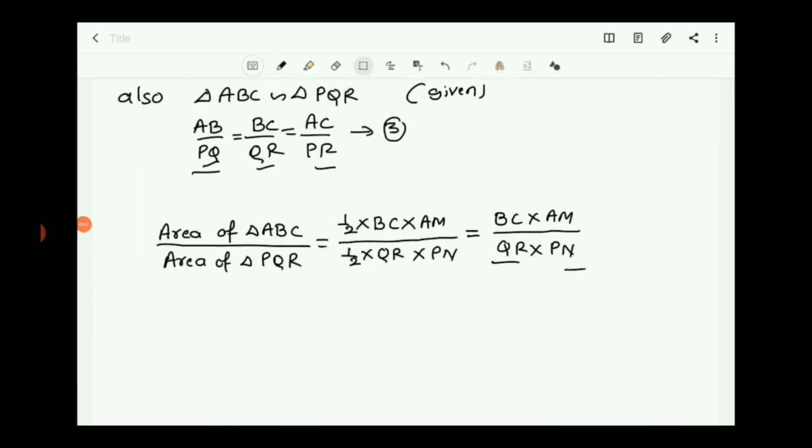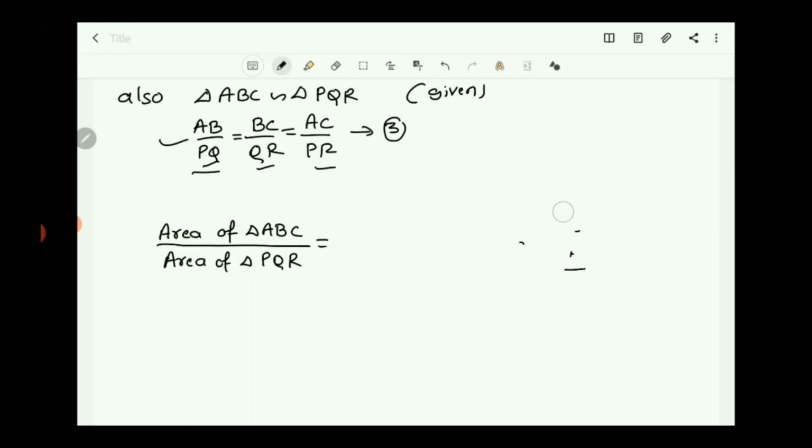From first, you had that area of triangle ABC by area of triangle PQR is equal to BC by QR into AM by PN. Now in the place of BC by QR you write AB by PQ, and you write AM by PN here.